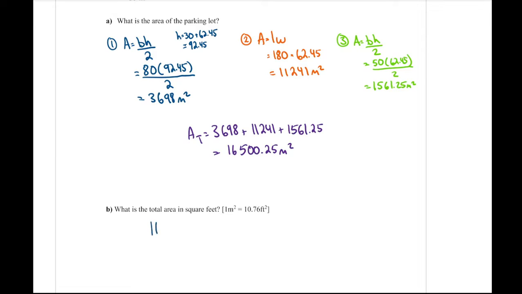We start off with the units we have, so 16,500.25 meters squared. I'm going to multiply that by the units I want, so 10.76 feet squared, divided by the units I have, 1 meter squared. And this will give me how many feet squared I have.